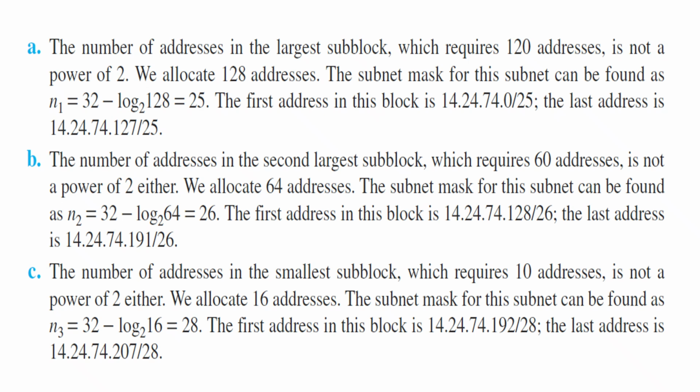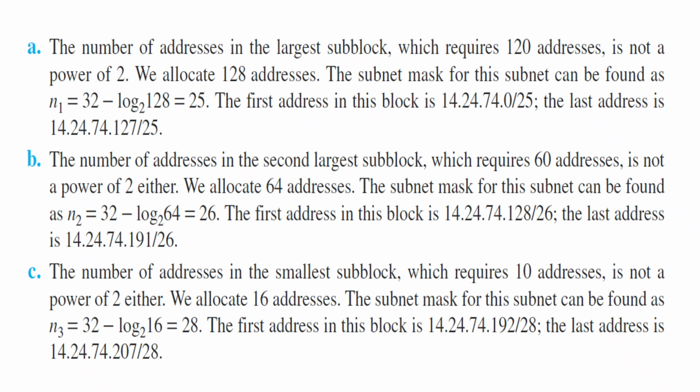And the second sub-block requires 60 addresses. Even though it is not a power of 2, we allocate 64 addresses. 64 addresses is a power of 2. So the subnet mask for this subnet can be found as n2, that is 32 minus log 64 to the base 2. You will get 26.